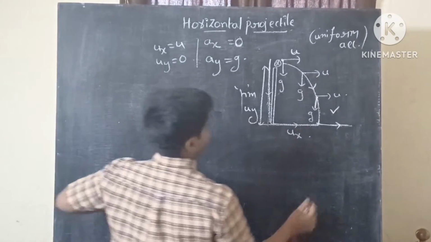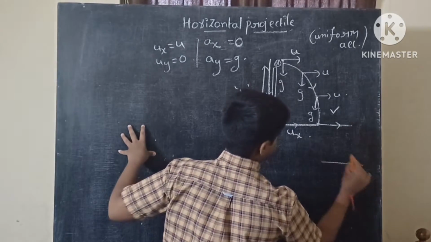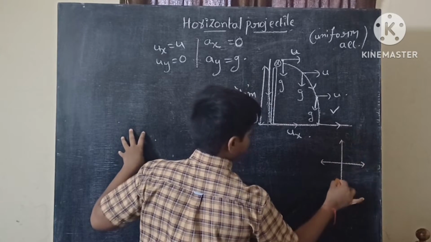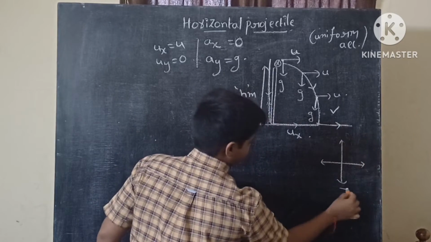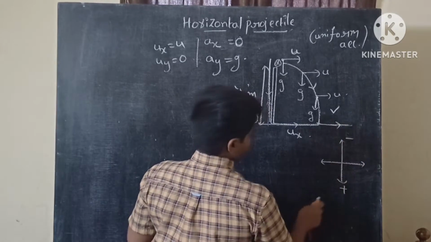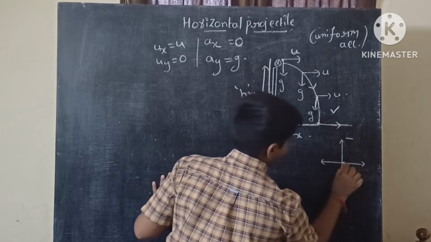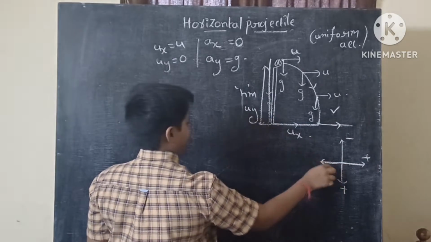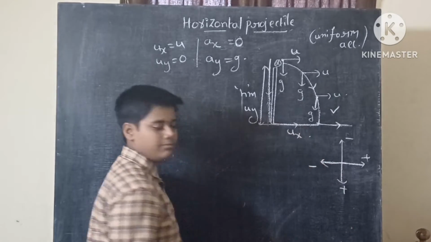Here is a very important point about the sign conventions: downwards is positive, so gravity downwards is positive, upwards is negative. Along the x-axis, the positive x direction is positive and the negative x direction is negative.